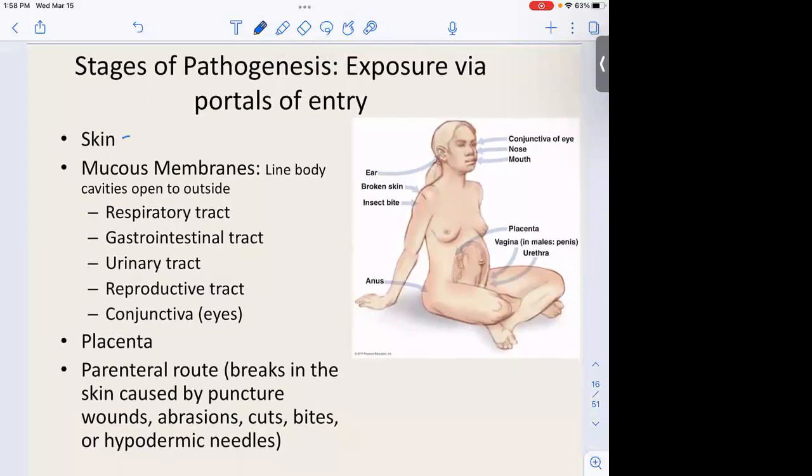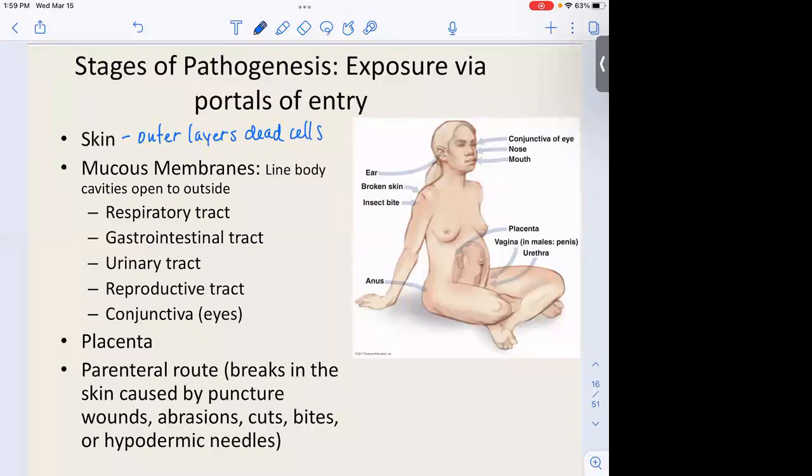But the main thing to remember is that our outer layer of skin is dead. The outer layers are dead cells, and those are continually being sloughed off. So pathogens that might try to invade our skin usually can't attach, and usually are going to fall off. So it's kind of rare for a microbe to be able to get into skin as long as it's intact.